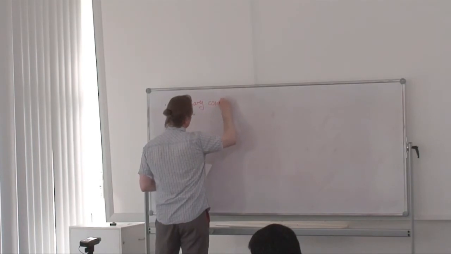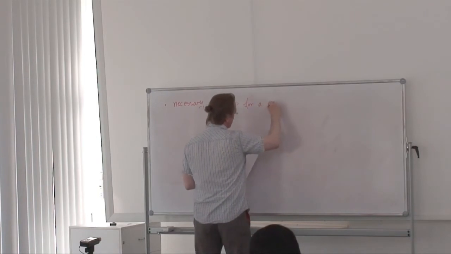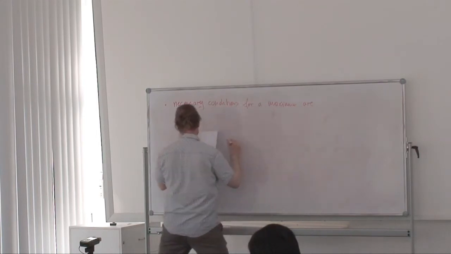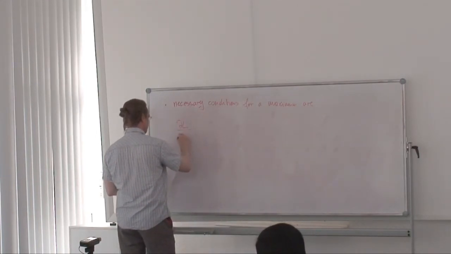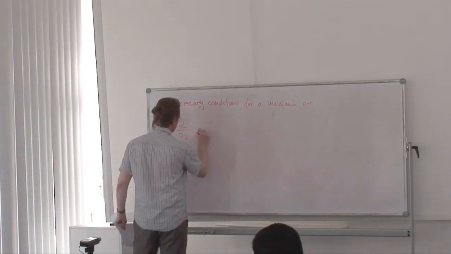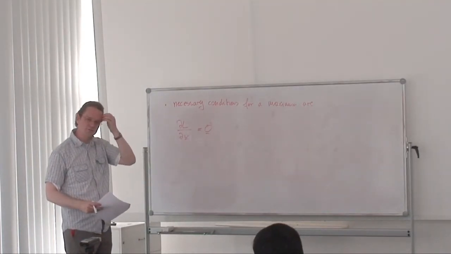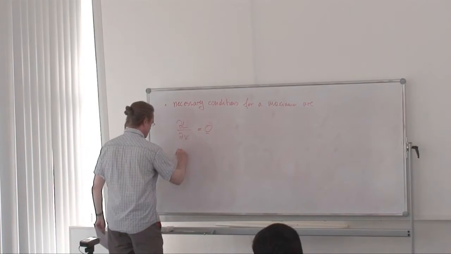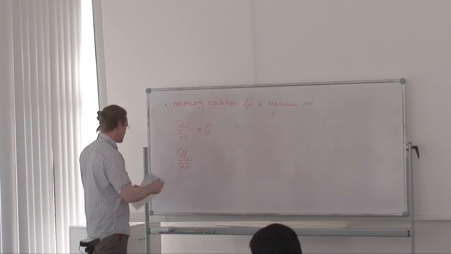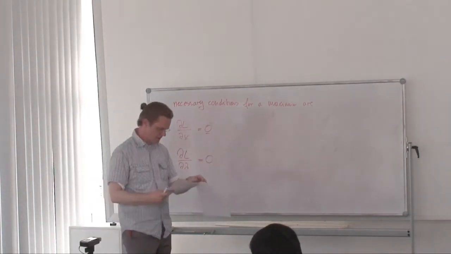Necessary conditions for a maximum: first, if we derive this Lagrangian with respect to V at the solution, this partial derivative must evaluate to 0, and if we derive this Lagrangian with respect to lambda at the solution, this partial derivative must be 0.